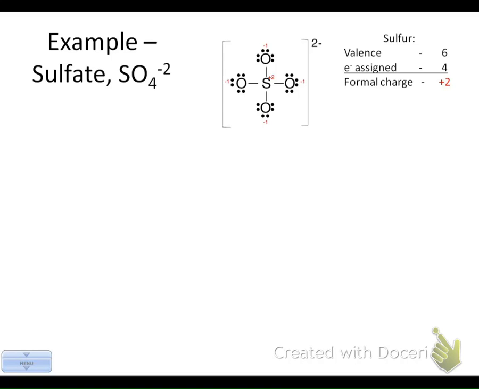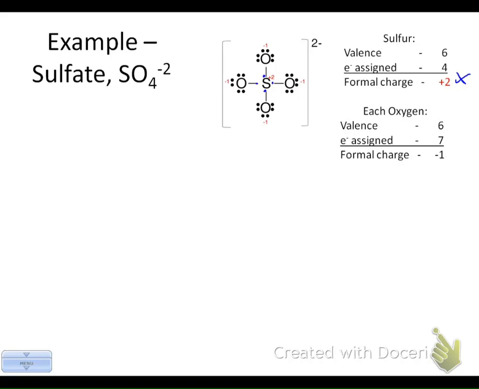Starting with the sulfur atom, sulfur has 6 valence electrons. Now as I count the assignment around the sulfur, I see 1, 2, 3 shared pairs. Remember, I'm only going to count 1 electron for each of those shared pairs. So that's why electrons assigned is 4. Subtracting that leaves me with a +2. That's bad. We've got to fix that.